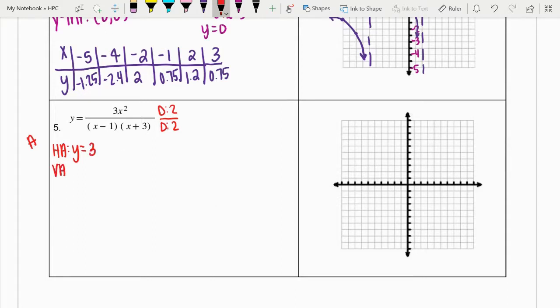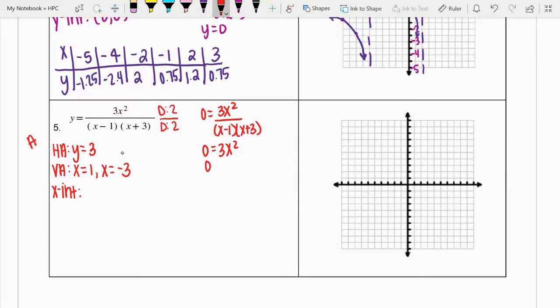My vertical asymptote will be x is equal to positive 1 and x is equal to negative 3. Then to find my x-intercept, we'll substitute 0 in for y. Multiply both sides by the denominator, so we have 0 equals 3x squared.